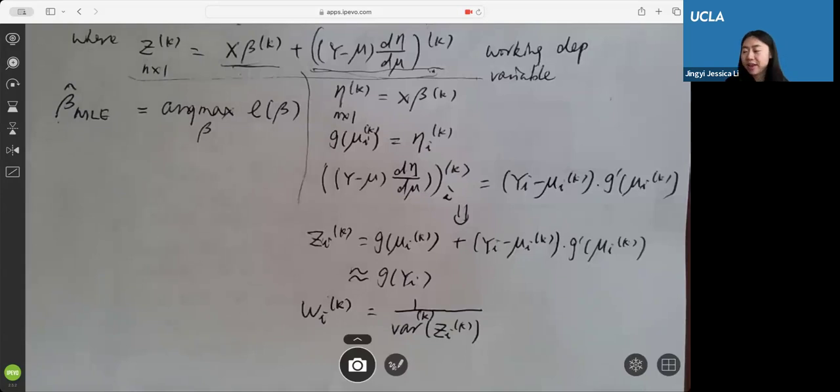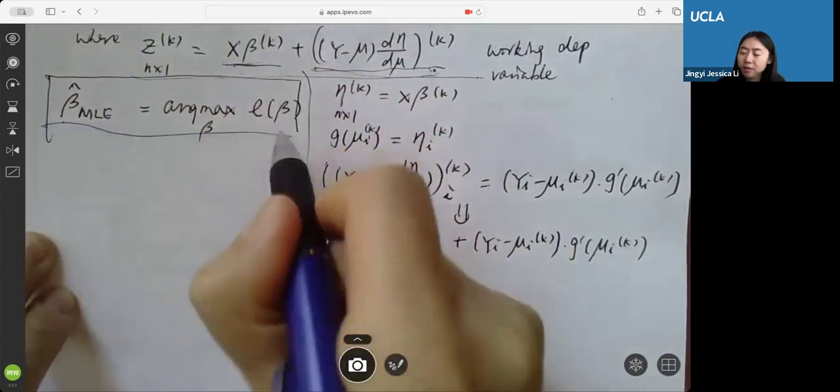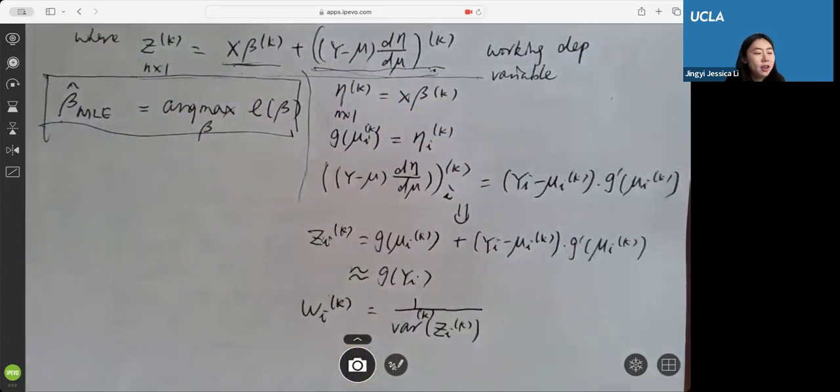All right, so now suppose that using this IRLS algorithm, we are able to achieve this MLE. Suppose that beta hat MLE is already obtainable. Then we want to ask some follow-up questions before we talk about the inference of beta hat, because we haven't been there.